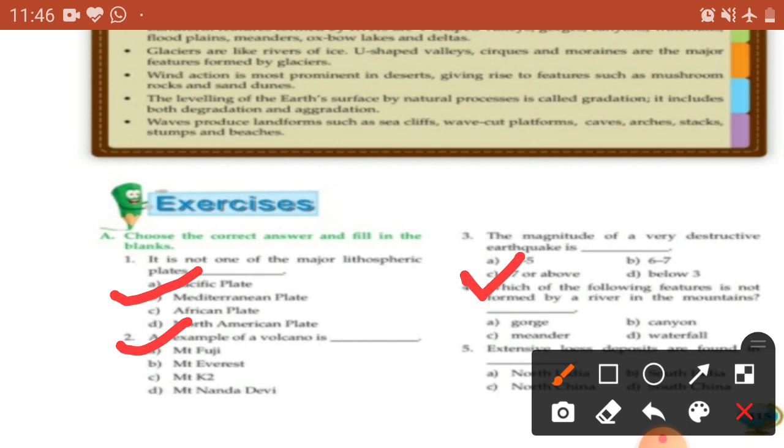The options are A gorge, B canyon, C meander, D waterfall, and the right option will be option C. Question number 5: extensive loess deposits are found in A North India, B South India, C North China, D South China, and the right option is C, North China.